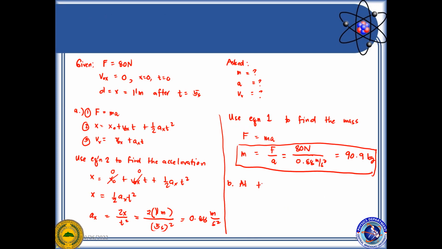At the end of the first 5 seconds, the final velocity v sub f is equal to v naught x plus a sub x times time. So this is equal to, your v naught x is equal to 0, so we are left with the acceleration times time. So 0.88 meters per second squared multiplied by 5 seconds, which is equal to 4.4 meters per second.